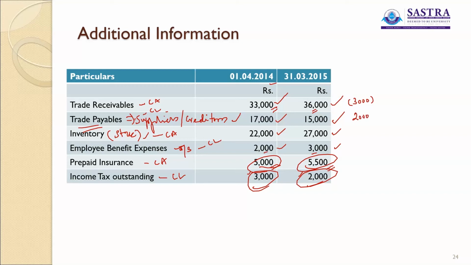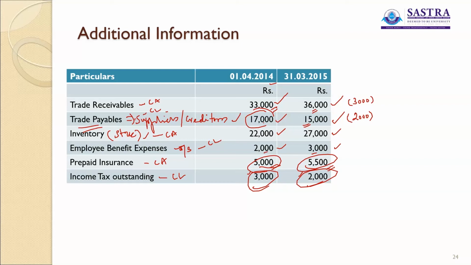When your payables are decreasing, you were getting credit of 17,000 at the beginning, but now you are getting only to the tune of 15,000. That means cash will be less. Decrease in current liability means your cash position will be less. By simply comparing the numbers, you can decide.